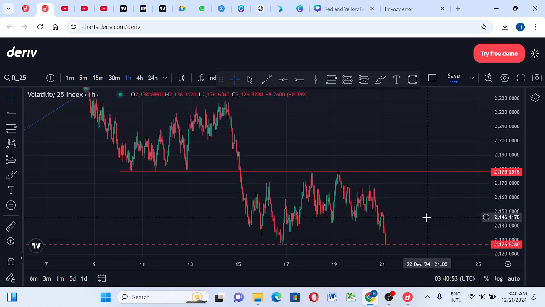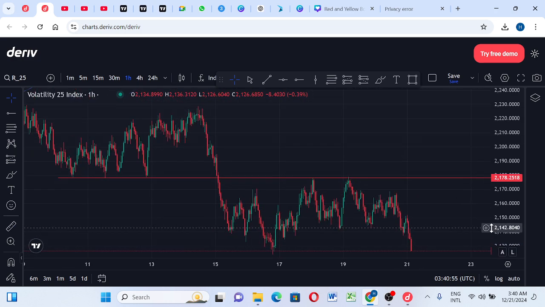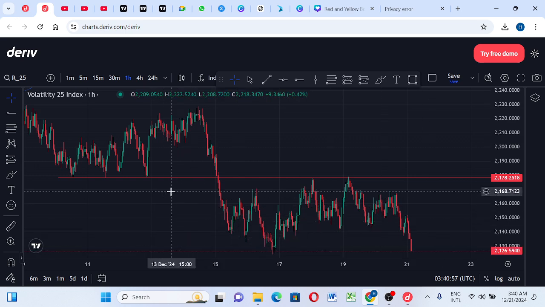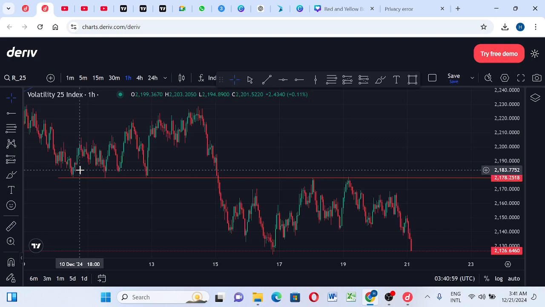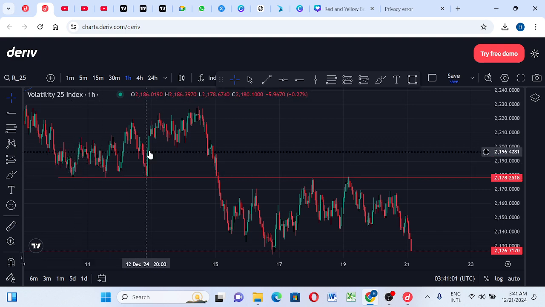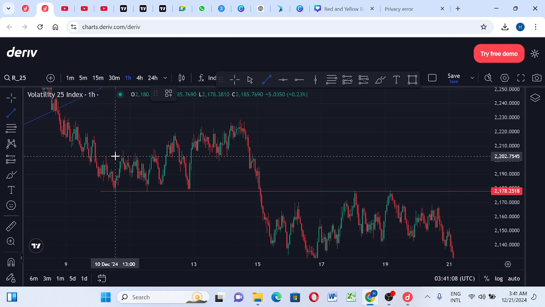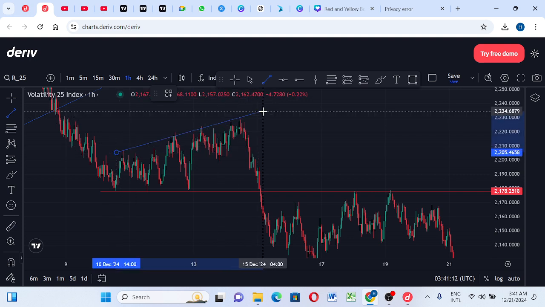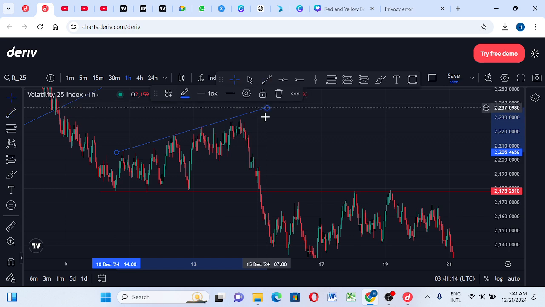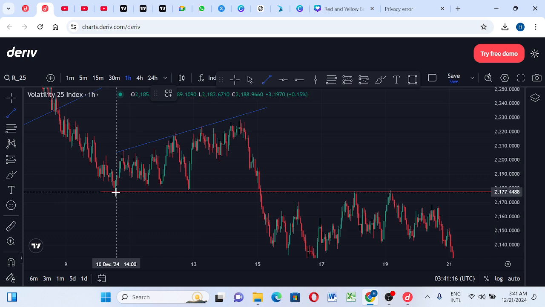So you can see that we have this area where we saw price doing all of this move to the upside. To enter this particular trade, we mark a pattern. It's like a trend line, but some people call it a pattern. Some say it's a pattern within a pattern.